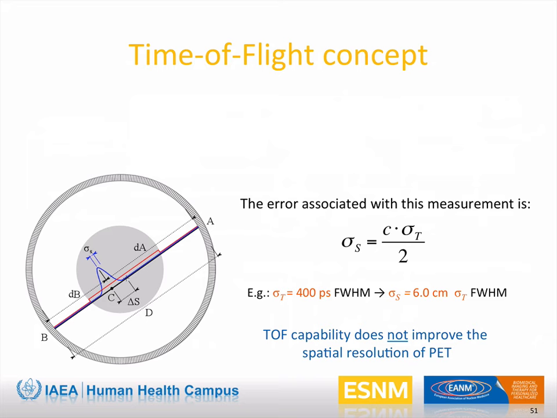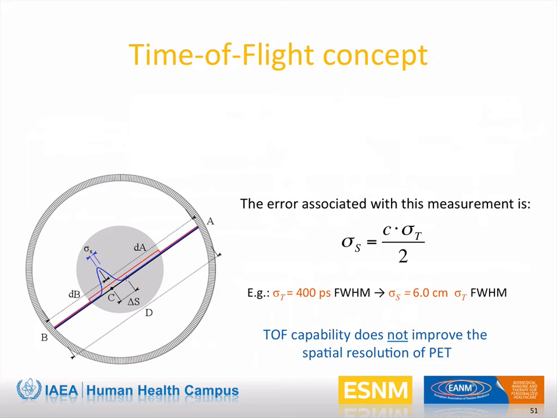However, because of the finite precision on delta t, defined as sigma t, the associated uncertainty on delta s is sigma s equal to c times sigma t divided by 2. This technique is called time-of-flight PET or TOF PET because it makes use of the difference in the time of arrivals of the 2 photons onto the opposing detectors.